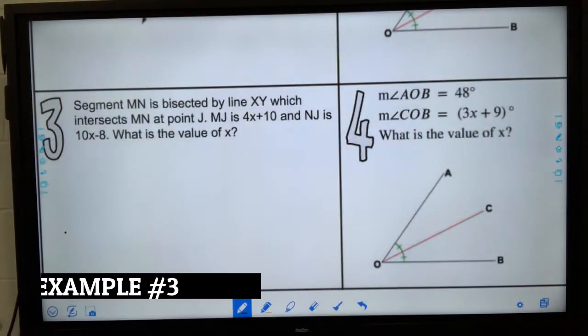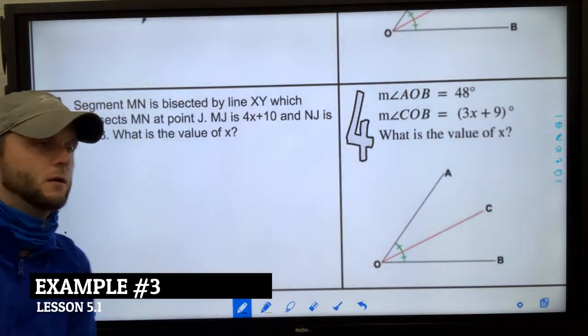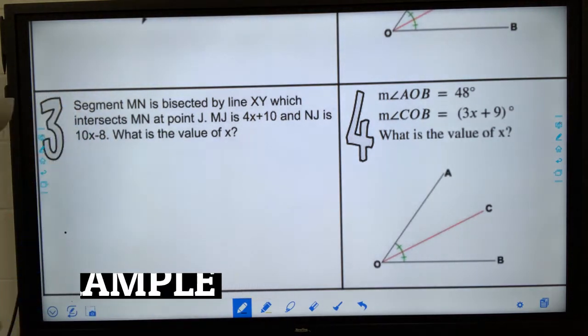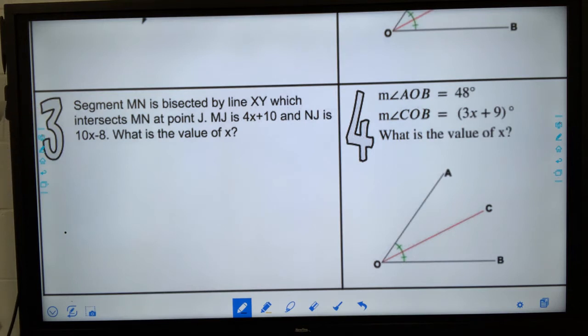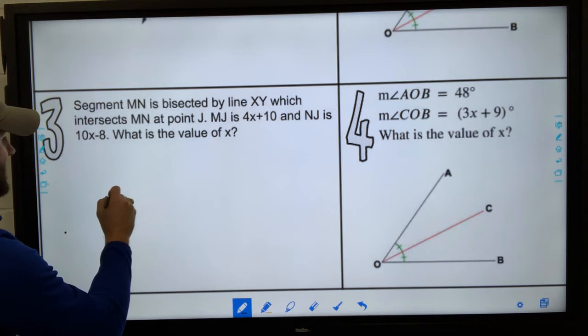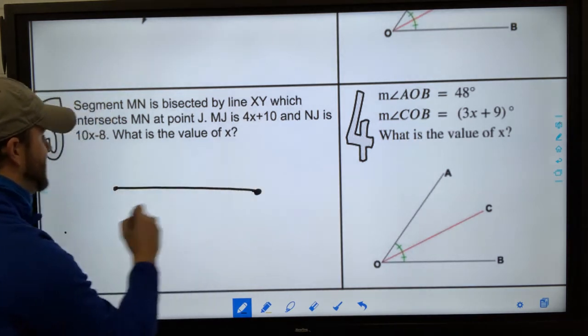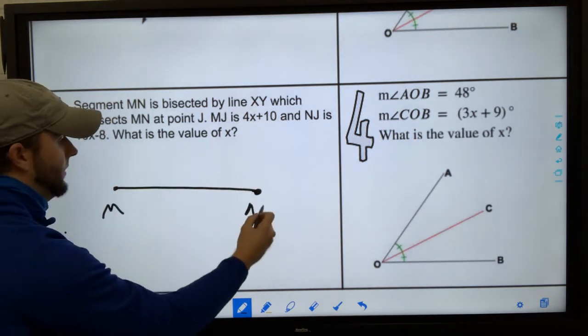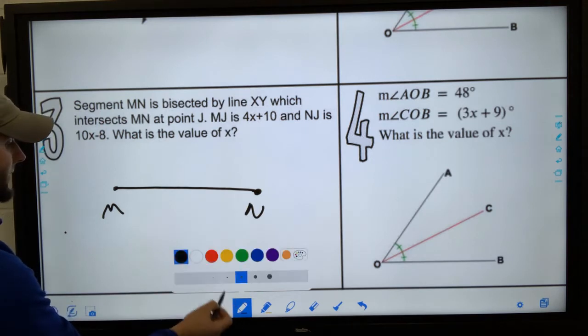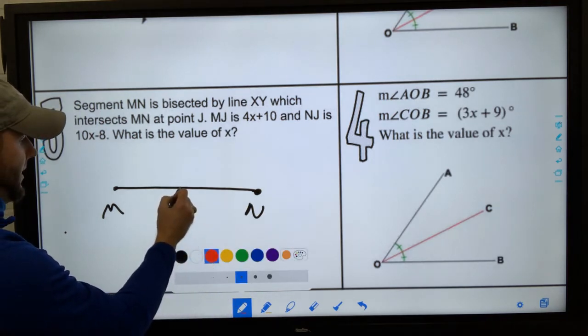Next, example number 3. It says segment MN is bisected by line XY. I'm going to draw that. I have segment M to N, and this is about my middle point.